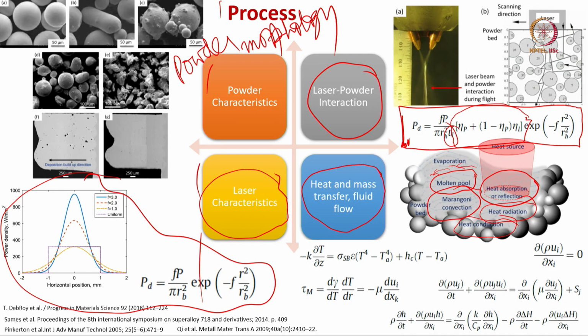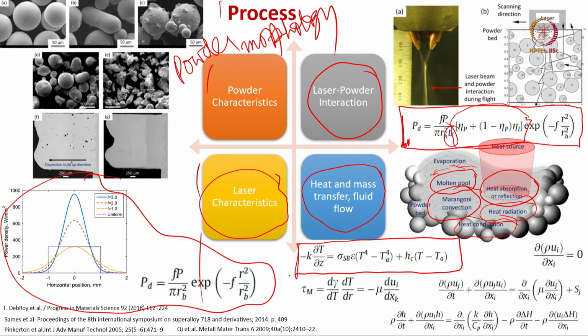And some of the equations that you see in this particular slide come from the mass and momentum conservation laws, and also these are the fundamental heat transfer equations, like minus k del T del z.